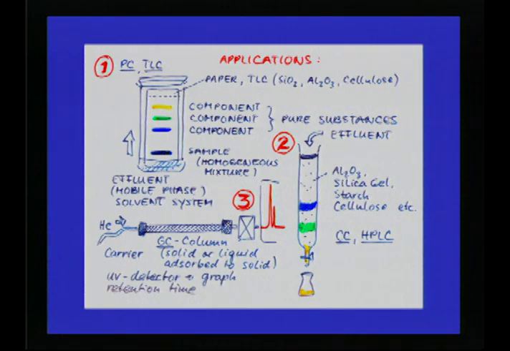So here we have the earliest type of chromatography, paper chromatography. Today we have it converted into all kinds of surfaces or adsorbing materials like silica gel, or silicon dioxide, aluminum oxide, cellulose are some very common ones.